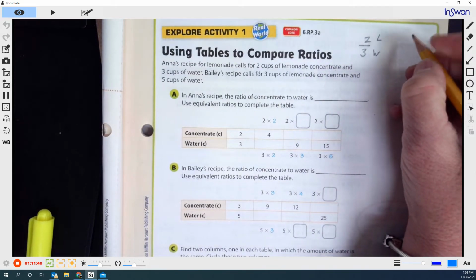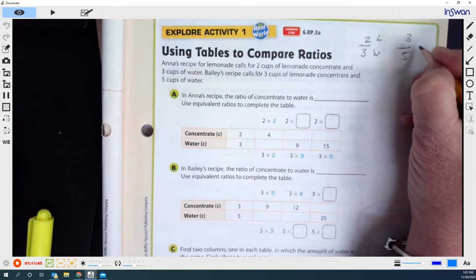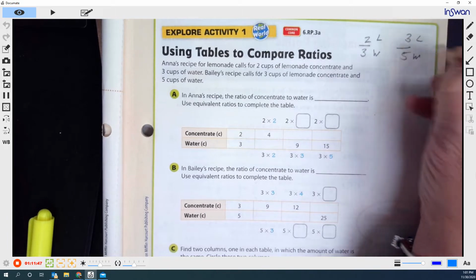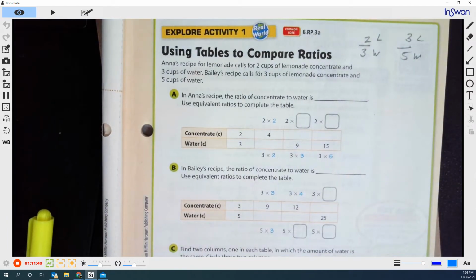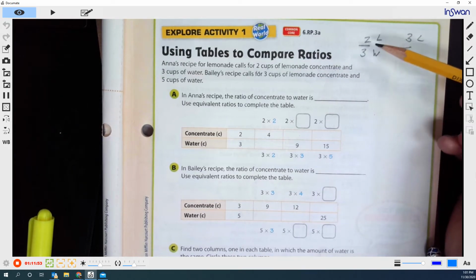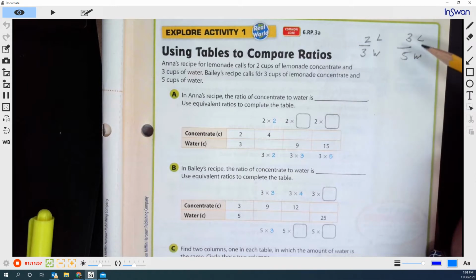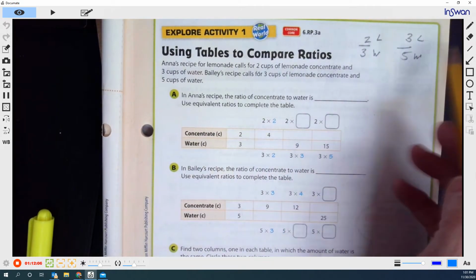For the second one, you have a 3-to-5 relationship. But when you look at this, 3 is 1 more than 2, and in this one, 5 is 2 more than 3. So clearly they're not the same ratios, and they're both in their simplest form.